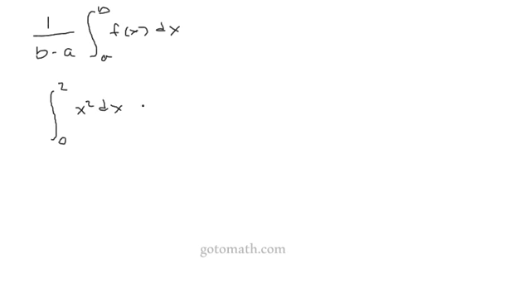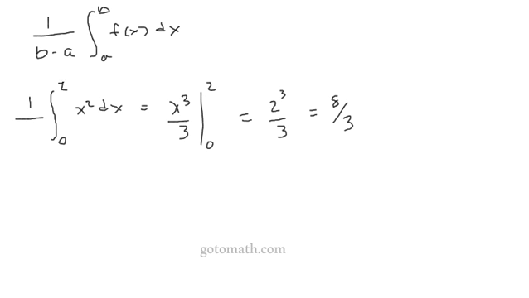How's that? We're going to integrate this thing. Okay, x cubed over 3 going from 0 to 2. And we have 2 cubed over 3, which is basically going to be our answer, 8/3.